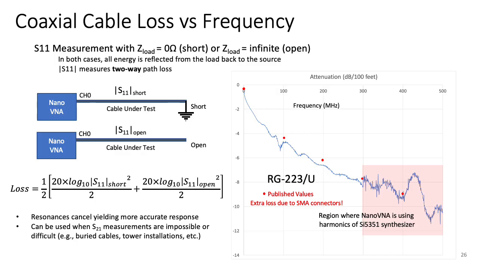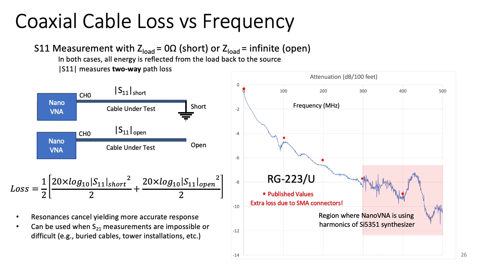Another measurement that we can make on coaxial cables using the NanoVNA is its loss characteristics versus frequency. Remember that S11 is a measure of return loss. In other words, it's the amount of loss that occurs when the wavefront moves out along the cable, bounces off the load, and comes back to the input port. So that round path loss is called a return loss.